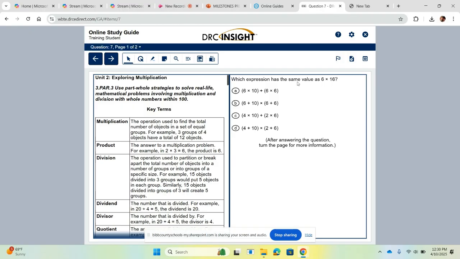All right, so now we start moving into properties and understanding and exploring multiplication and understanding some algebraic expressions. Yes, in third grade, they're doing it. Which expression has the same value as 6 times 13? So this is why it's been so important for your students to understand 6 times and know their multiplication facts. 6 times 6.